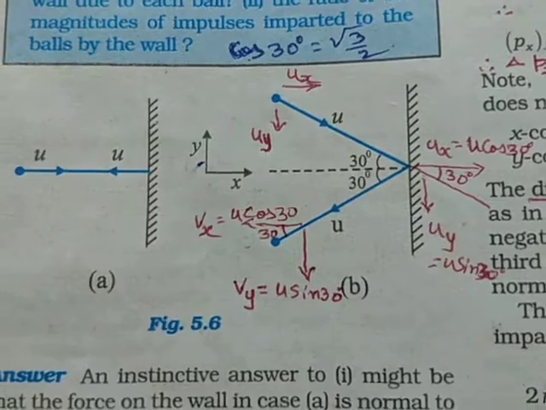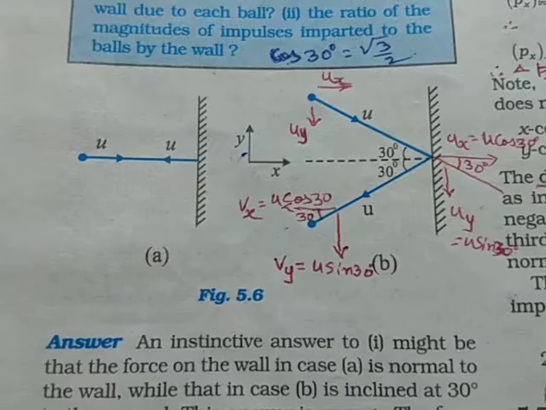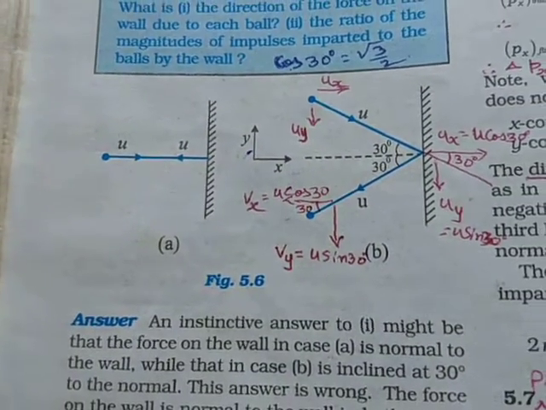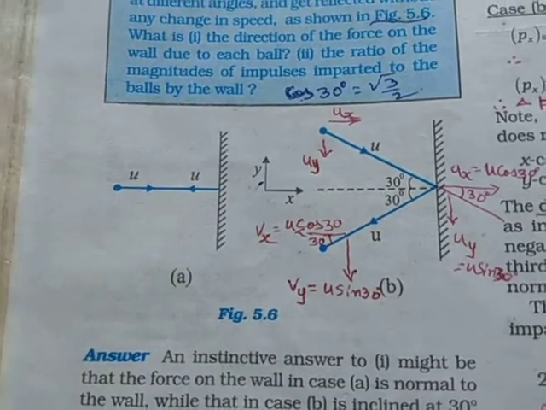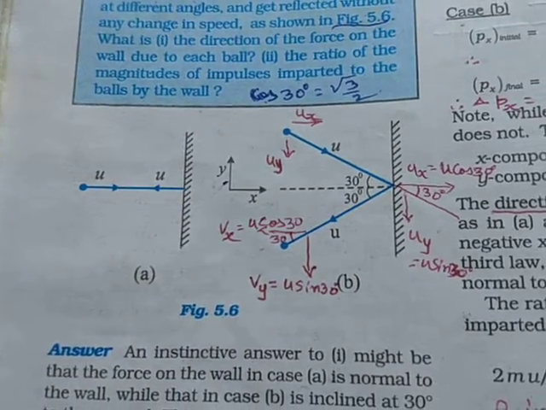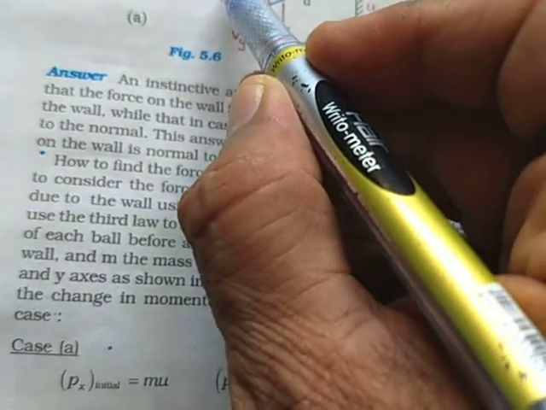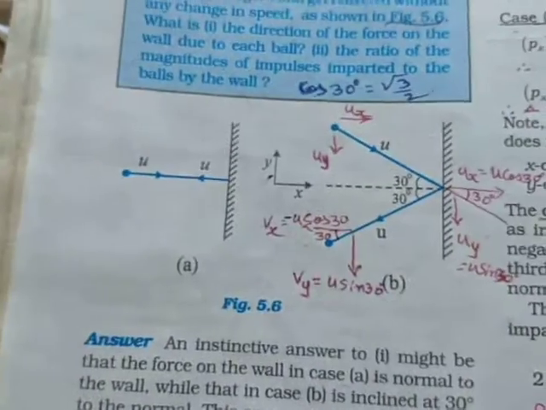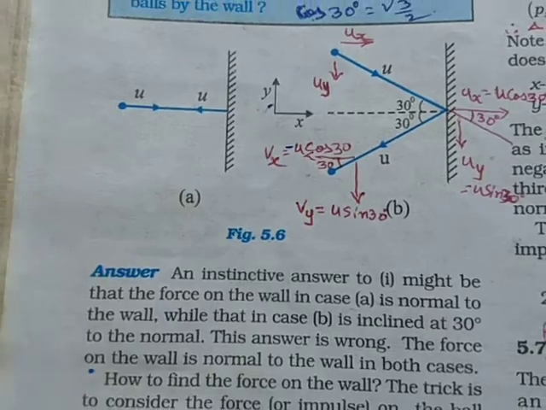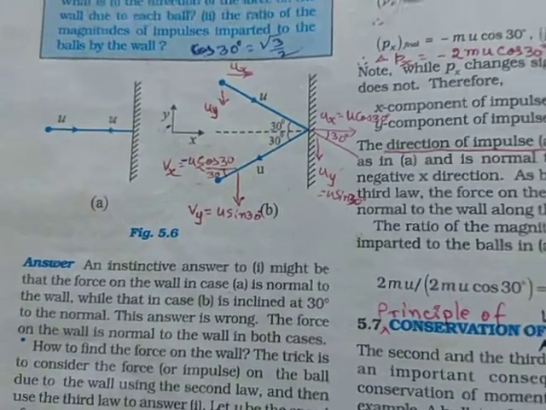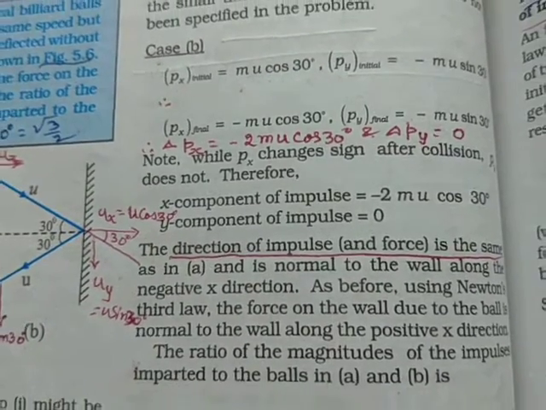That becomes minus u cos 30 degree, and therefore the change in momentum of the ball can be calculated by finding the difference between these two velocities and multiplying it with the mass of the ball. So that way the change in momentum along the x-axis becomes minus 2 mu cos 30 degree.